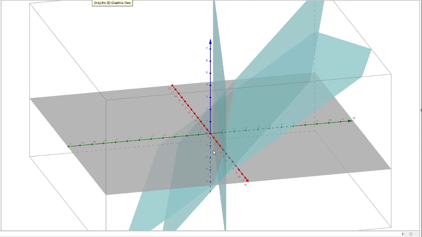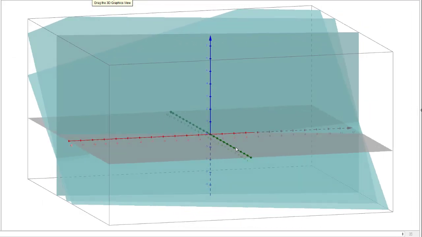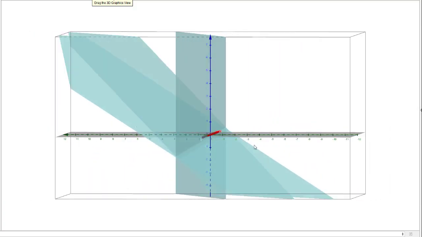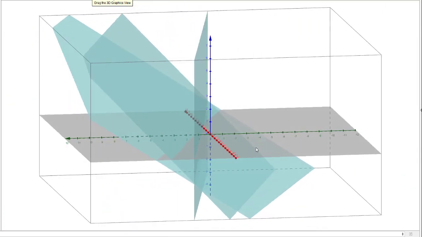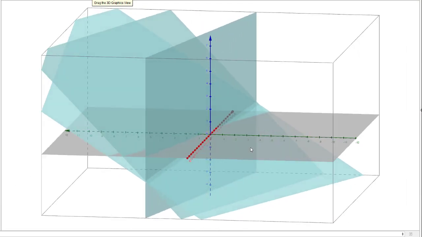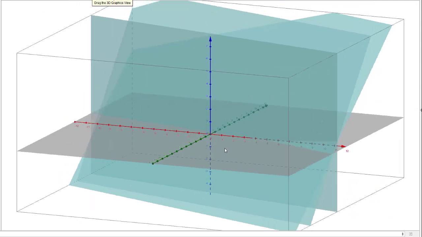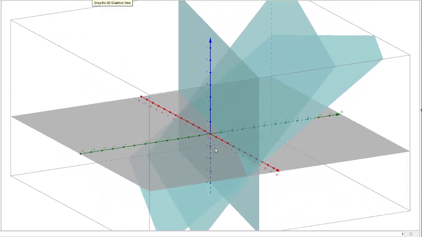There's no single point where all 3 of these planes intersect each other. So that's why there's no solution to this system. And it looks like somewhere close to the origin there might be a solution, but if you plug in different points around there that are possibilities, you'll quickly find that none of them actually work. So there's no solution to this system.